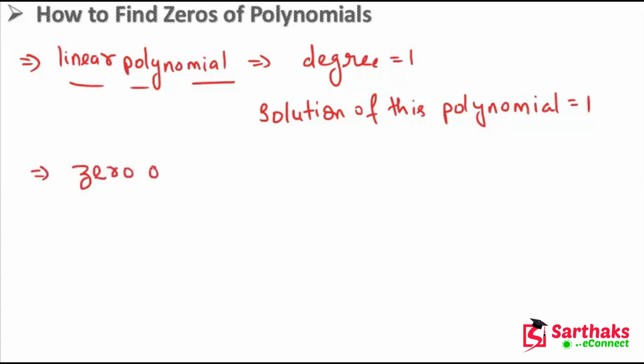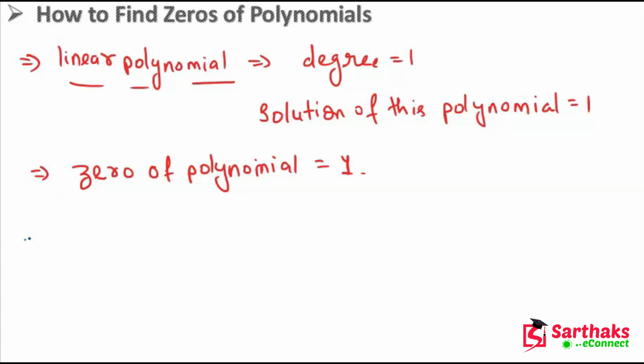If a polynomial is of degree 1, which is known as a linear polynomial, then the number of zeros of the polynomial is always 1.